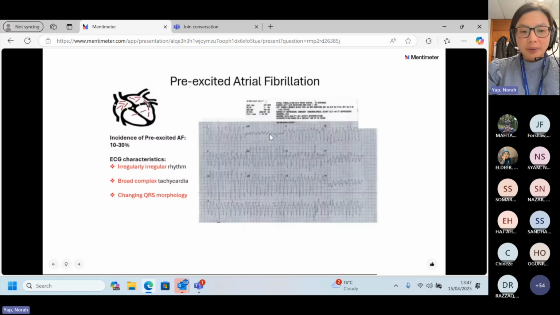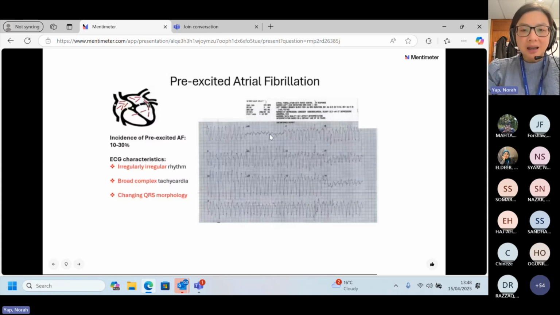So in pre-excited AF, it's actually not uncommon in patients with accessory pathway. A study shows that 10 to 30% of patients with accessory pathway, whether they have been symptomatic with palpitation or previously completely asymptomatic, can develop pre-excited AF.